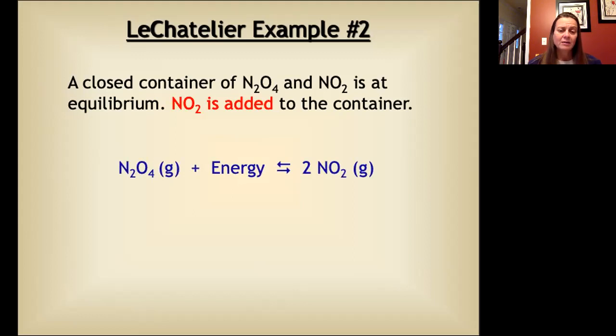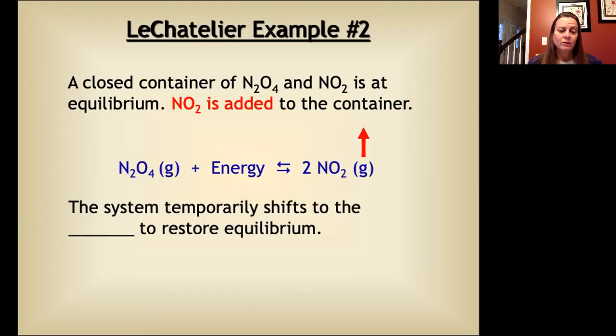So if I add some product, then this is going to shift to the left to restore equilibrium. It's going to shift to use up some of that nitrogen dioxide that was added. It's going to make more dinitrogen tetroxide until we reach that same ratio of nitrogen dioxide to dinitrogen tetroxide that we had before the disturbance.